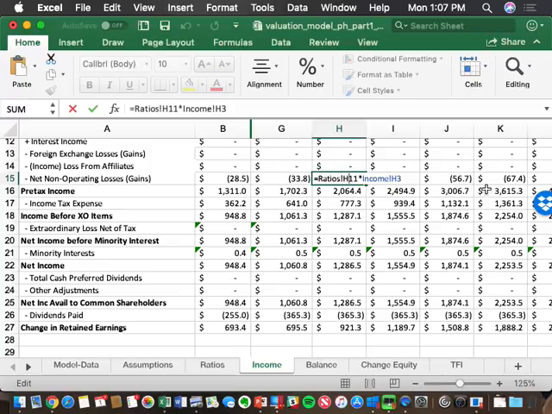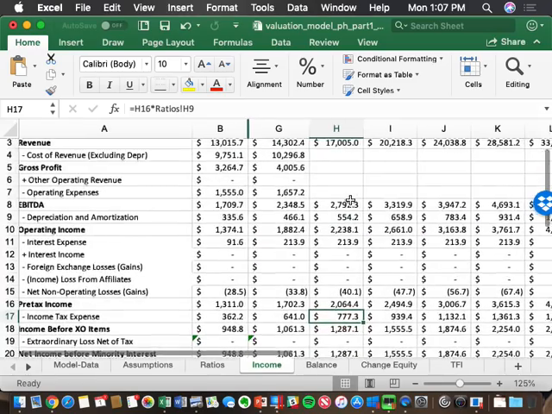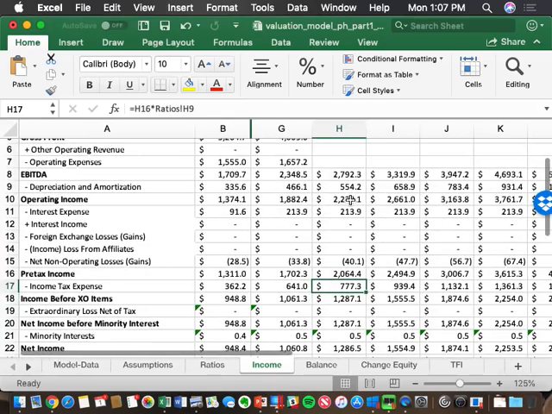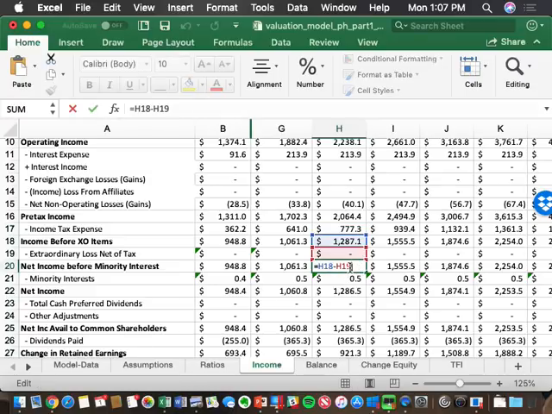For income tax, H7, we're just using the ratio of H9, which was the forecasted tax rate off the ratios tab, times H16, which would be the pre-tax income. And H20: H18 minus H19 is H20.